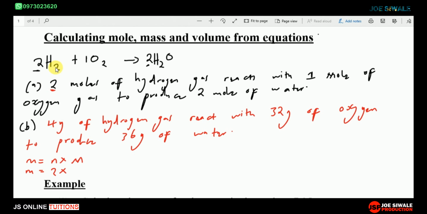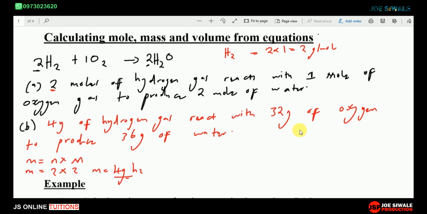For H2, that's 2 multiplied by 1, which is 2 grams per mole. That means our mass for hydrogen gas is 4 grams. So that's where the 4 grams is coming from.